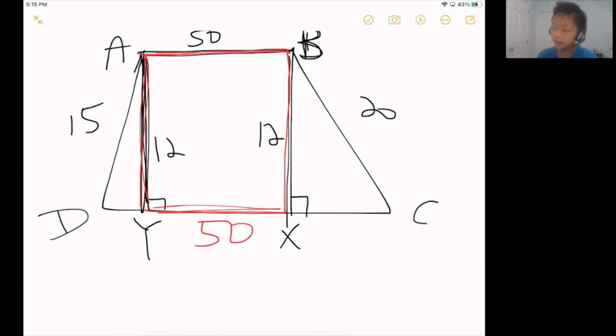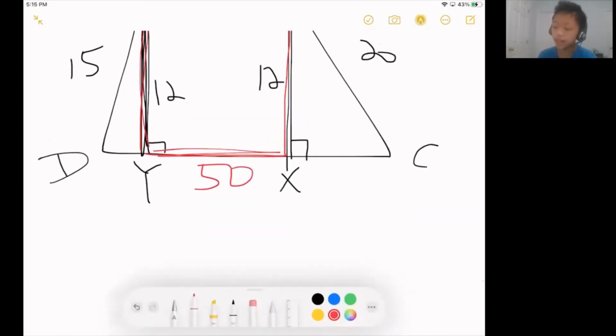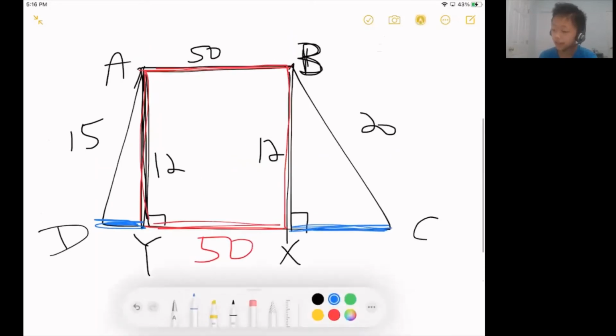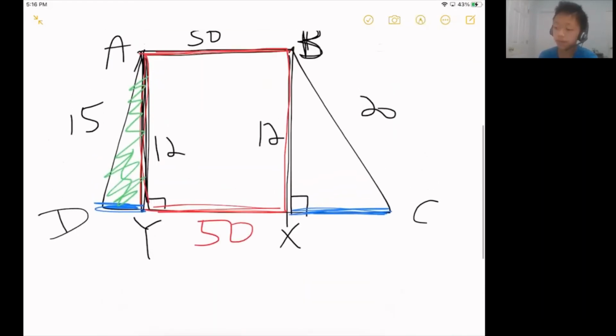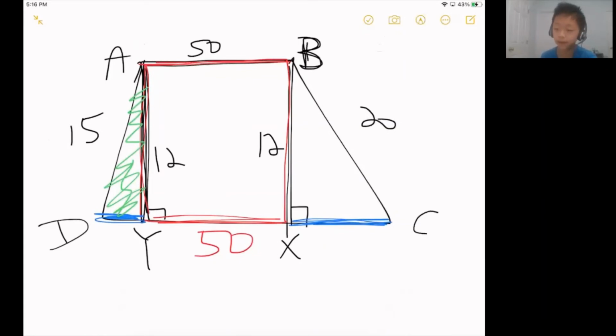Now if we want to find DC, then we need to find what the lengths DY and CX are. Once we find those, then it's pretty easy. To find those, we can do the Pythagorean theorem on this green triangle here. The Pythagorean theorem tells us that the sum of the squares of the legs of the right triangle is equal to the square of the hypotenuse.